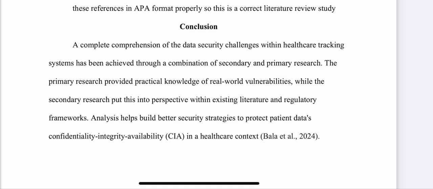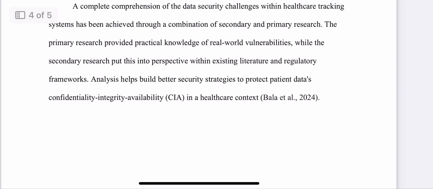The primary research provided practical knowledge of real-world vulnerabilities, which the secondary research put into perspective within the existing literature and regulatory framework. The analysis helps build better security strategies to protect patients' data and ensure confidentiality, integrity, and availability in the healthcare context.